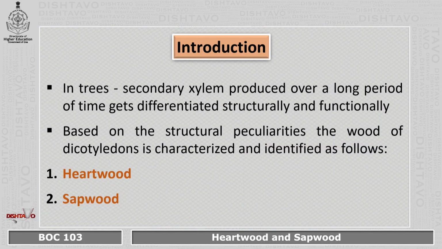In trees, secondary xylem produced over a long period of time gets differentiated structurally and functionally. Based on the structural peculiarities, the wood of dicotyledons is characterized and identified as follows: heartwood and sapwood.